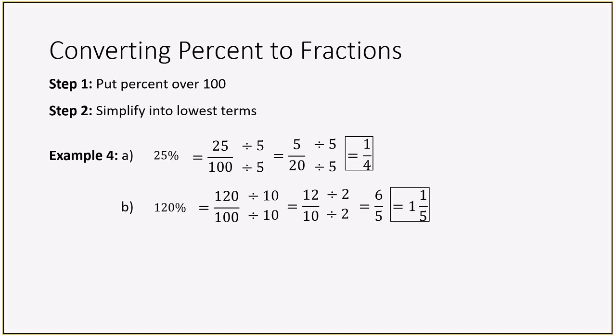Okay, so let's see one more. I have 2.4%. First step's still going to be the same. I'm going to put it over 100. But what's interesting about this particular example is anytime we have fractions, we don't like to have decimals in fractions, so we kind of have to resolve that. We have to get rid of the decimal. And so the best way to do that is to multiply the top and the bottom by a number to essentially get rid of the decimal.